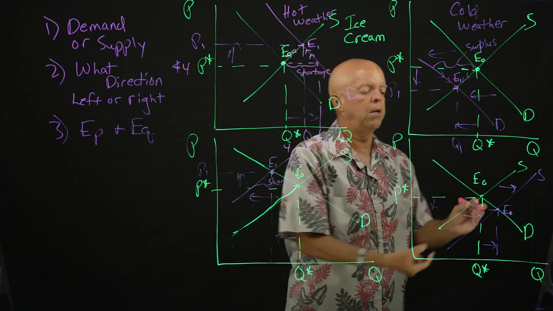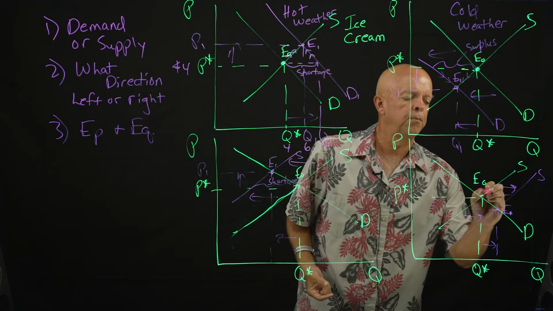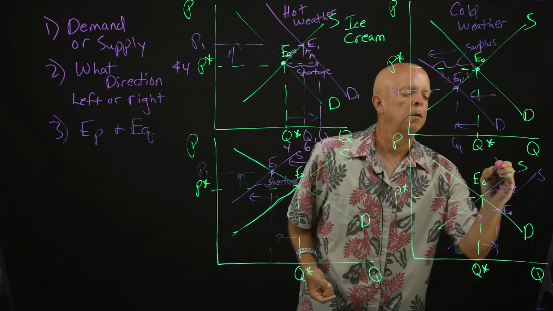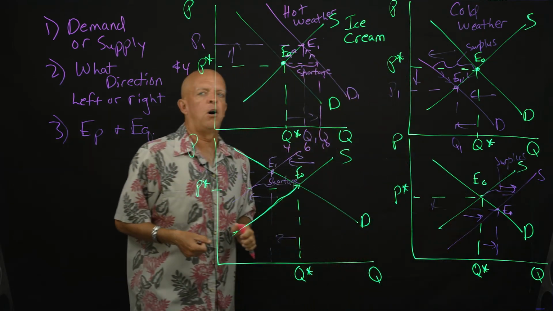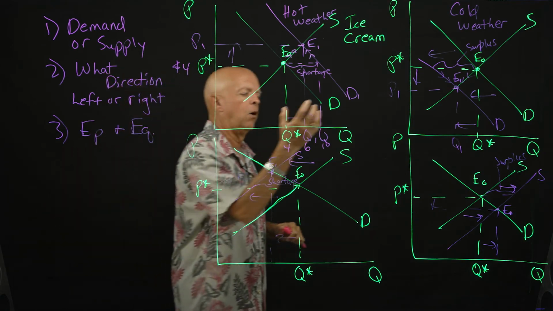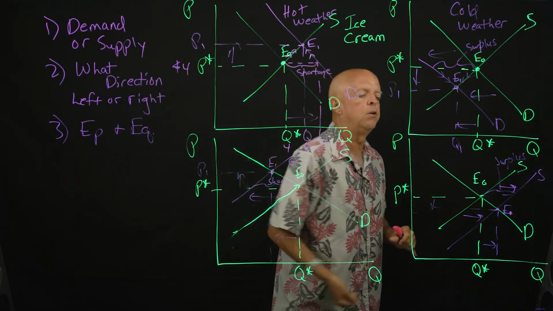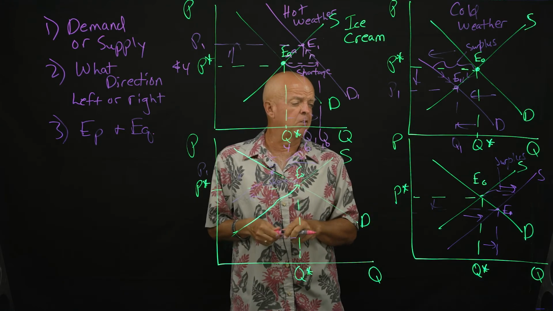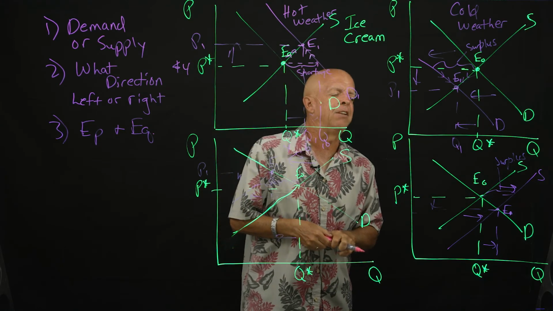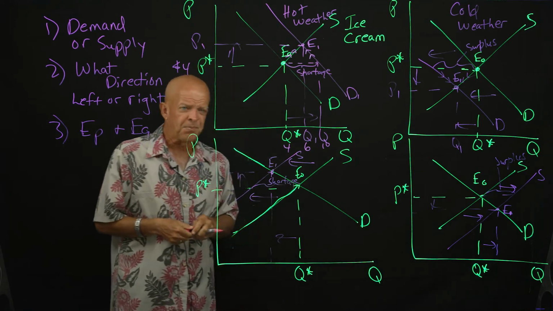At the initial price, there is a surplus, and that surplus gets resolved by the price going down to reach the new equilibrium, where quantity demanded and quantity supplied are equal.